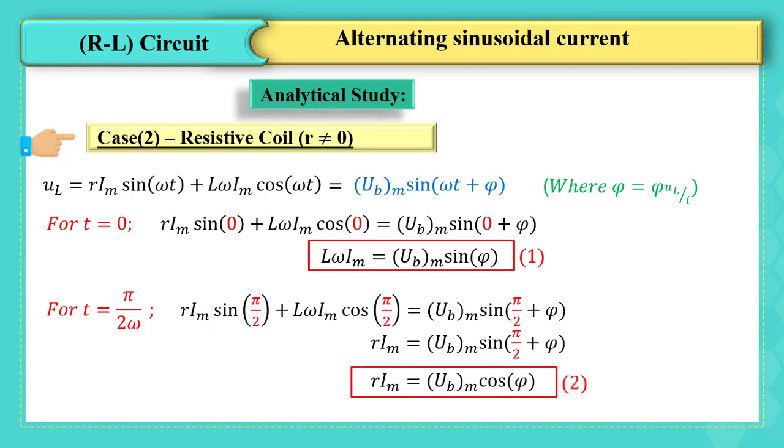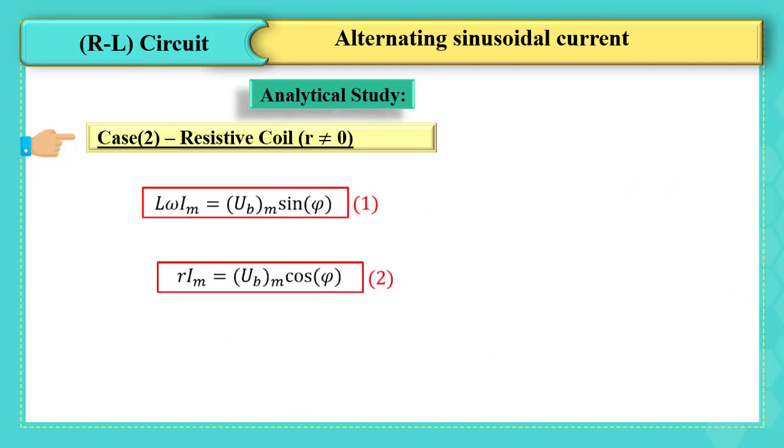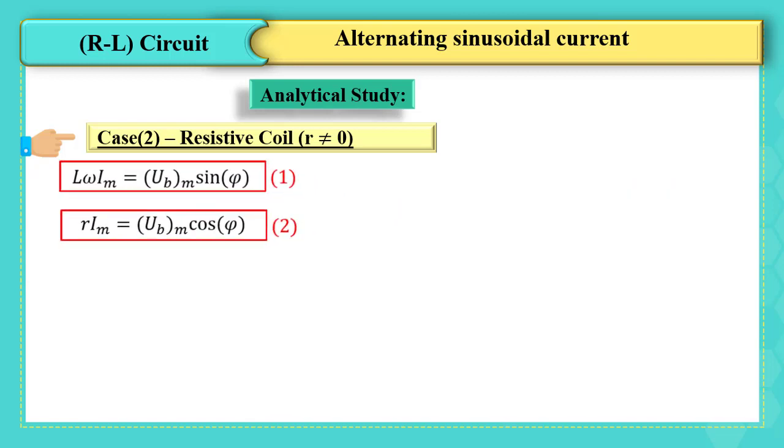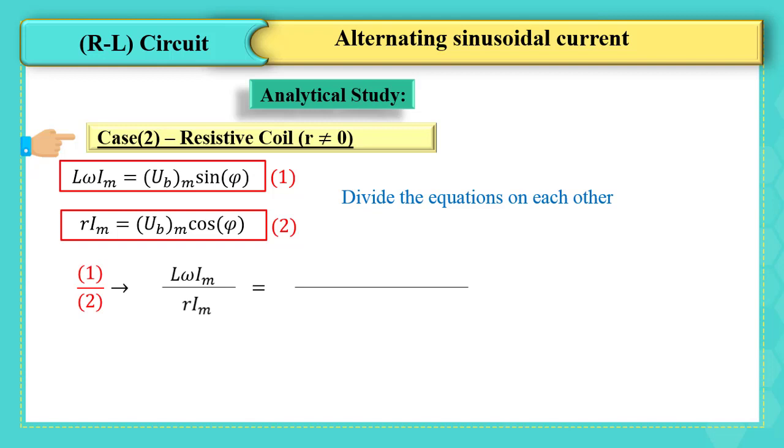So equation 2 is r Im equal Um cosine phi. Divide the two equations on each other to obtain L omega Im over r Im equal to Um sine phi over Um cosine phi. After reducing, the equation becomes L omega over r equal tangent phi.